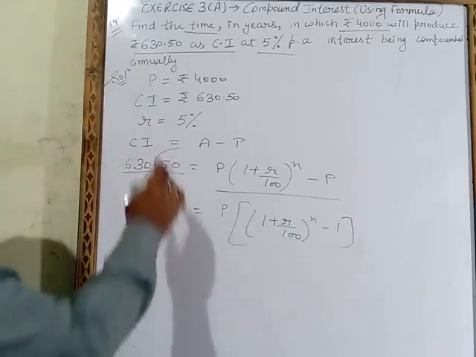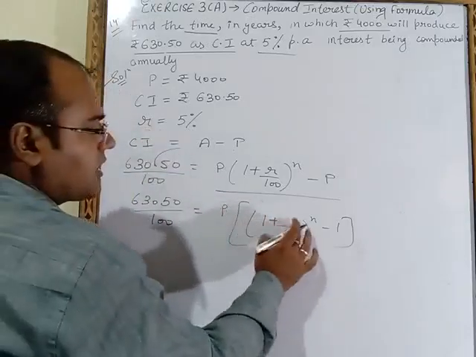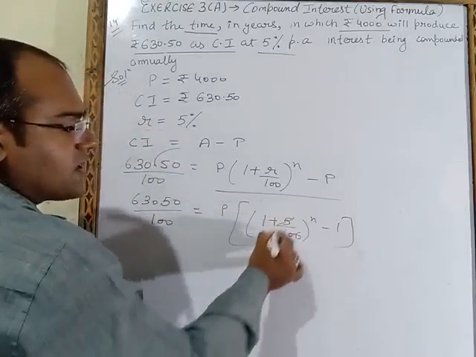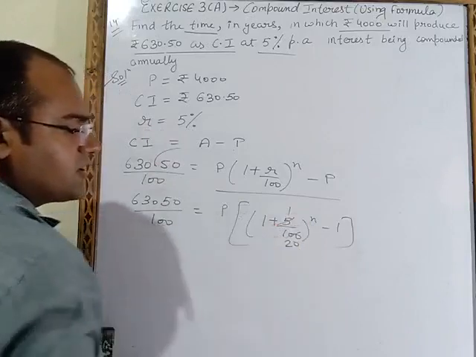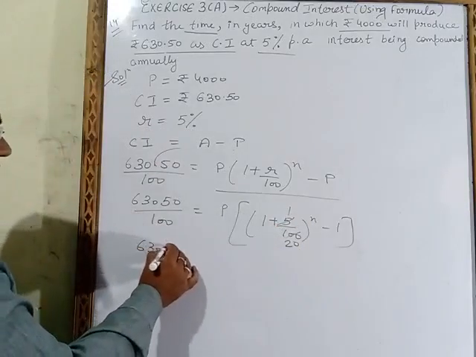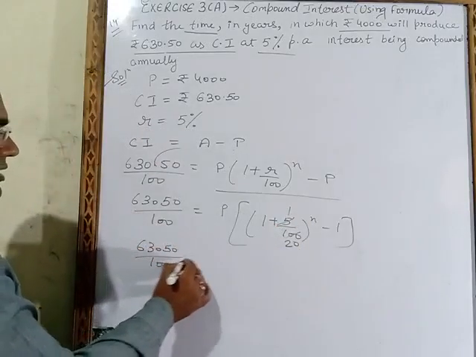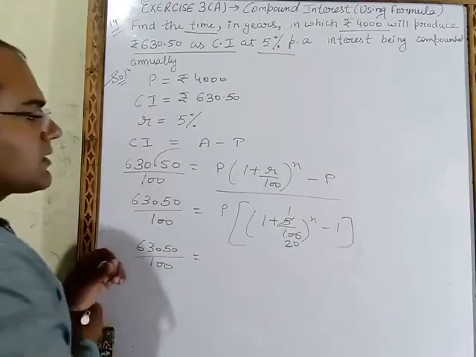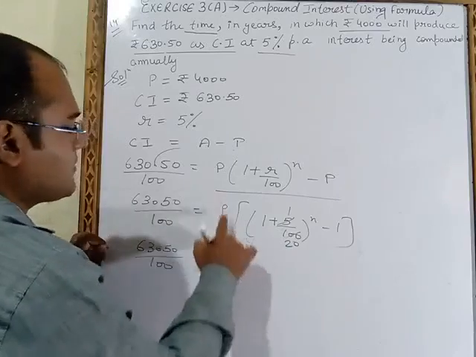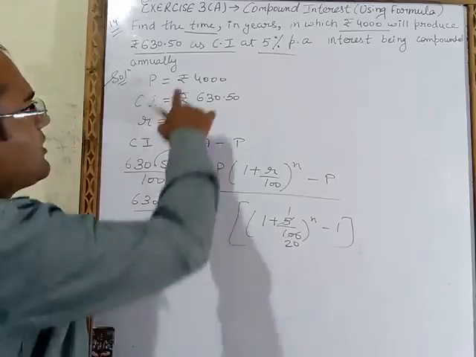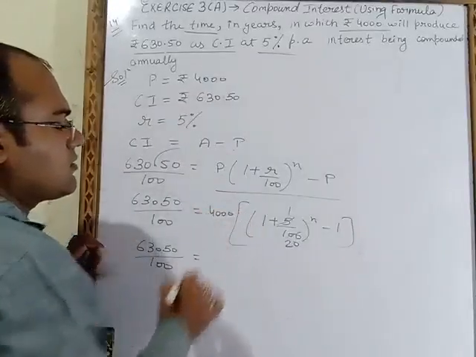Now R value is also given, so we can put here R is 5. These two we can cancel. 5 1 5, 5 20. Now 63050 upon 100 is equal to P. Principal is also given. Principal value is 4000.